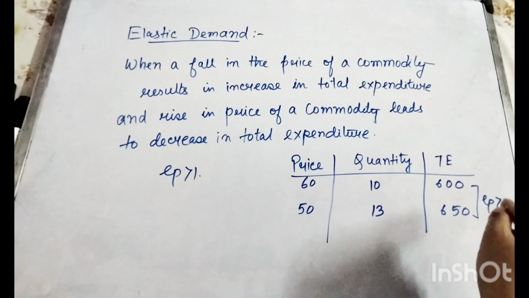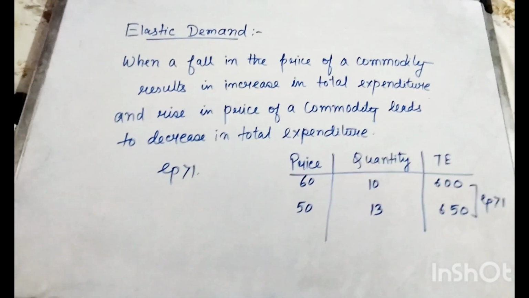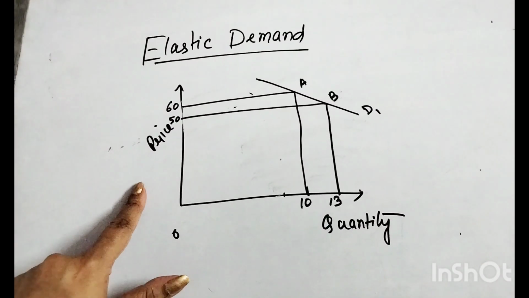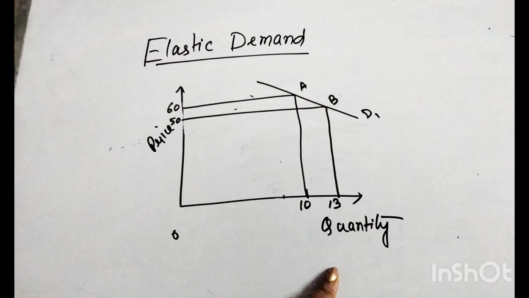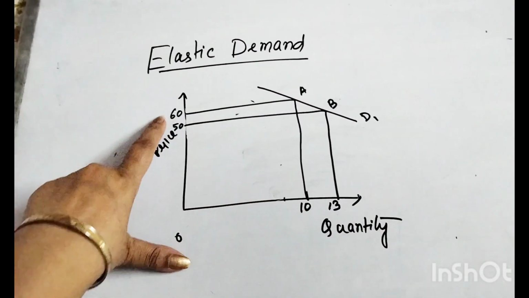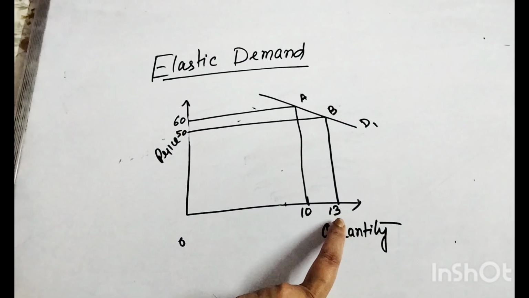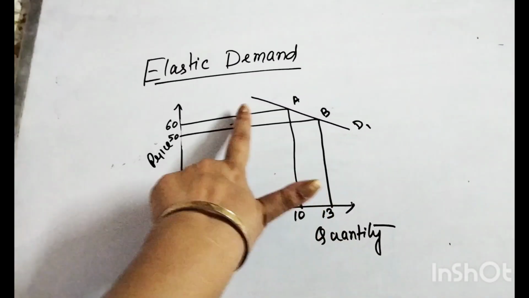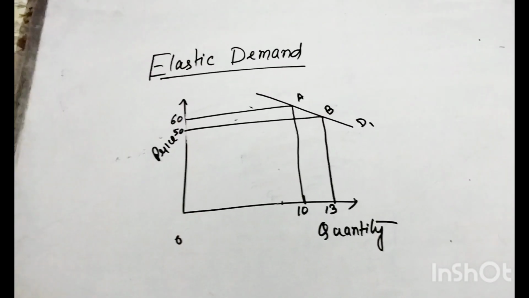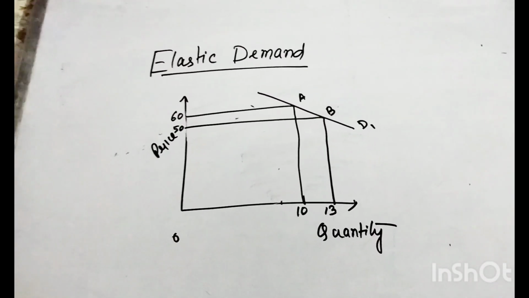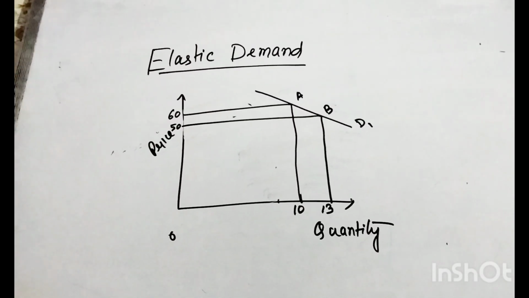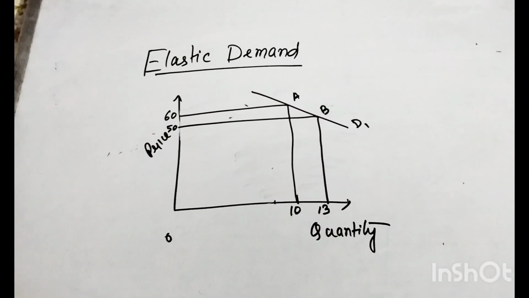Now let us see with the help of this diagram. This is the case of elastic demand. Here we are measuring the price, here we are measuring the quantity. When your price is 60, your quantity is 10. When your price falls to 50, your quantity demanded increases to 30. This will be the demand curve, a little flatter. In the case of elastic demand, that means when EP is greater than 1, the demand curve will be a little flatter. Okay, next we move on to inelastic demand.